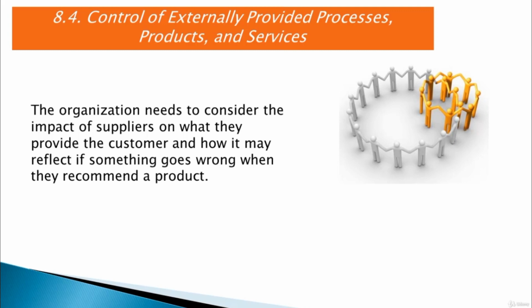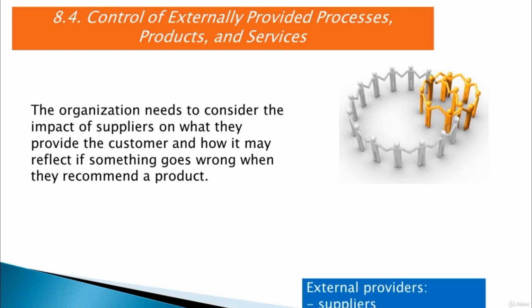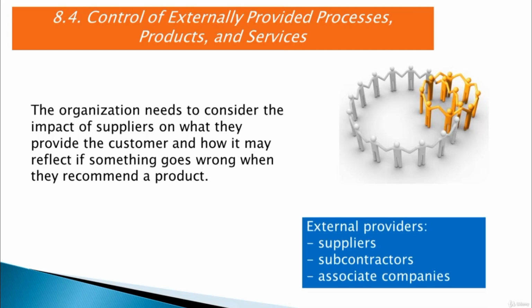For example, manufacturers that you've been using as an organization go out of business and are suddenly unable to supply goods. So when we say external providers, we're talking suppliers, we're talking subcontractors or associate companies.